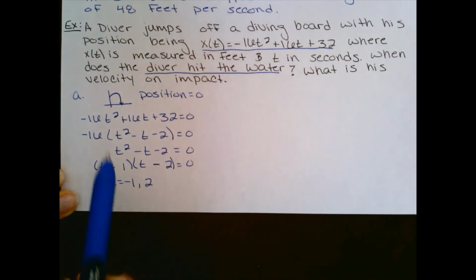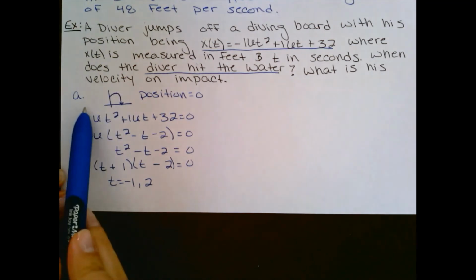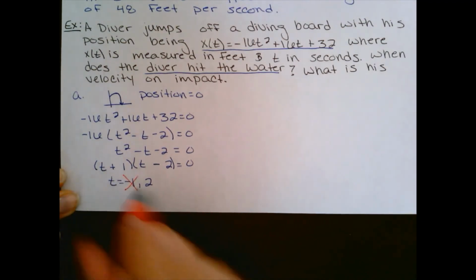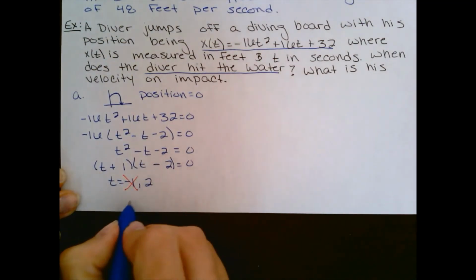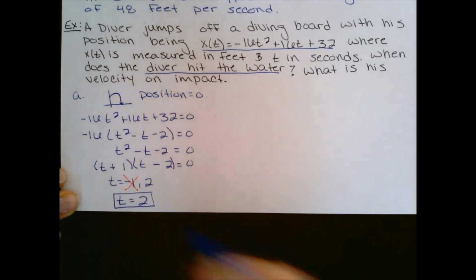Now, because this is a real life scenario and they said time starts at 0, I can't go back in time. We can't time travel like that. So I'm not going to use negative 1 as my time. I'm going to be using 2. Okay, so my answer here is that he hit the water. He went into the water 2 seconds later.